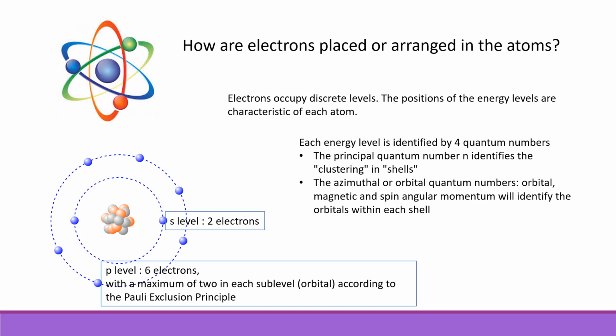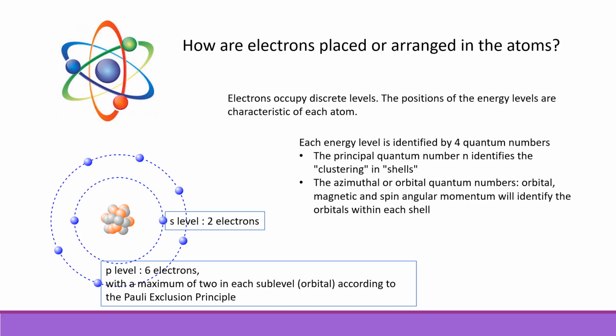That means we will see later that within any of these shells, we can have different levels or different sub-levels. These different sub-levels are identified by these 3 quantum numbers: orbital, magnetic, and spin.